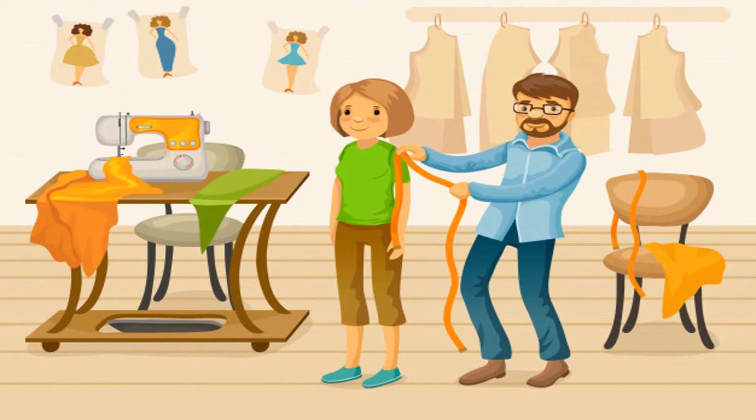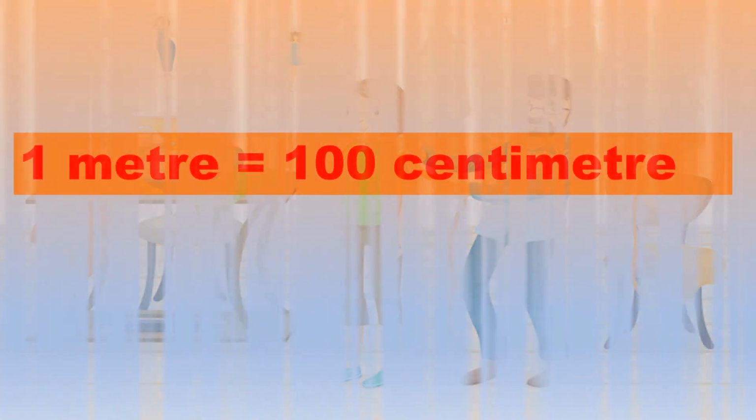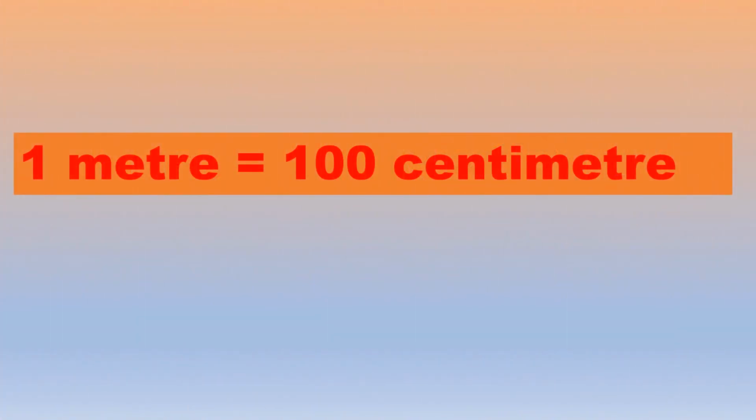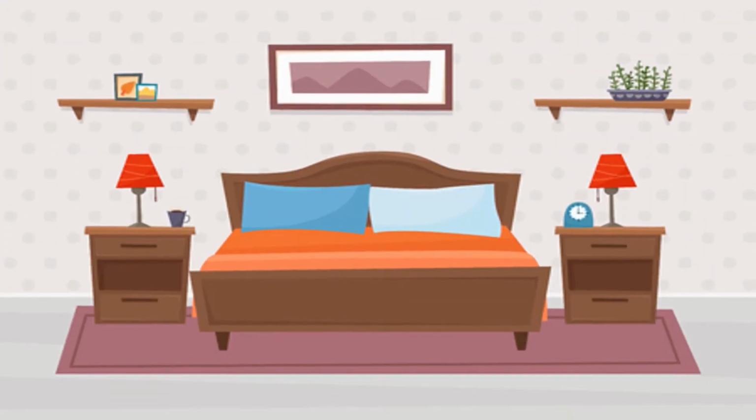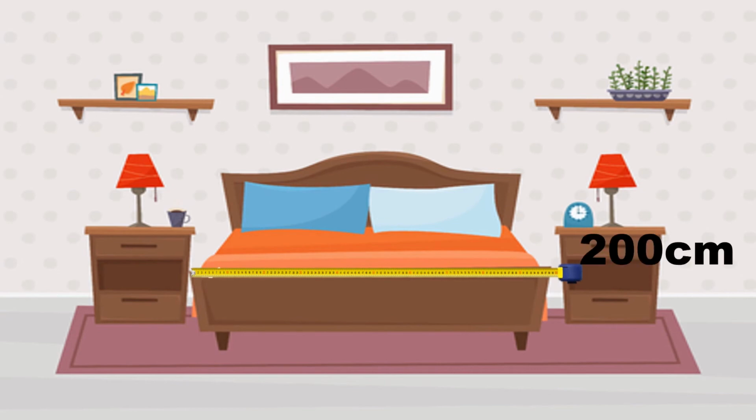This tape is used to measure the length of cloth. 1 meter is equal to 100 centimeter. If the length of this bed is equal to 200 centimeter, we can say the length of the bed is equal to 2 meter.